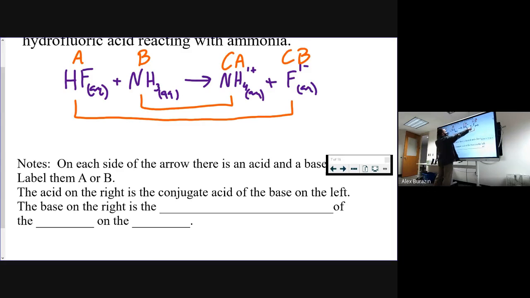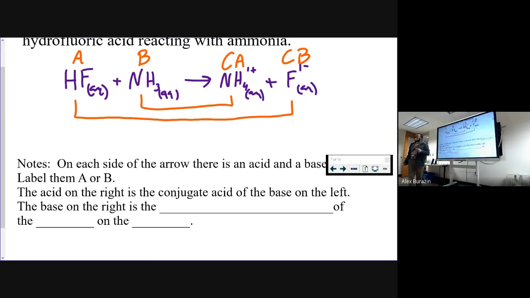This is a conjugate acid-base pair. This is a conjugate acid-base pair. Their difference is by one lonely hydrogen. Here's the acid. After it donates, here's its conjugate base. Here's the base. After it accepts, here's its conjugate acid. These are called conjugate acid-base pairs.